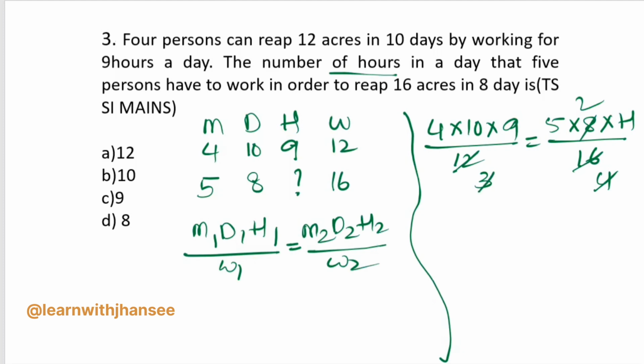Next, 3 into 1, 3 threes are 9. Next 2 into 1, 2 fives are 10. 5, 5 cancel. So total hours H is equal to 4 into 3. It is left. So H is equal to 12. So the correct answer is A option.